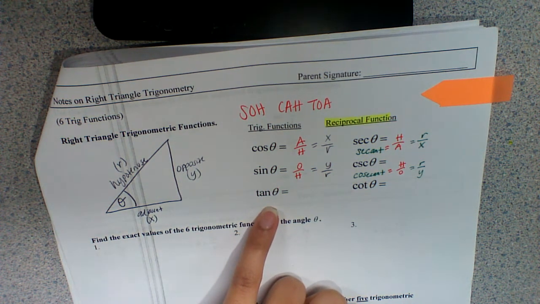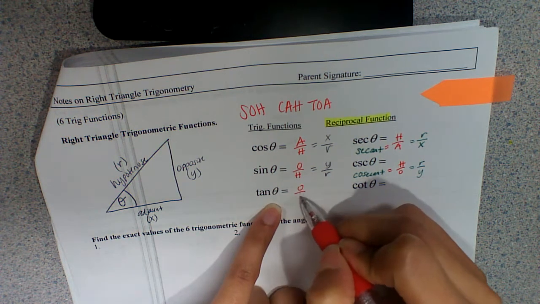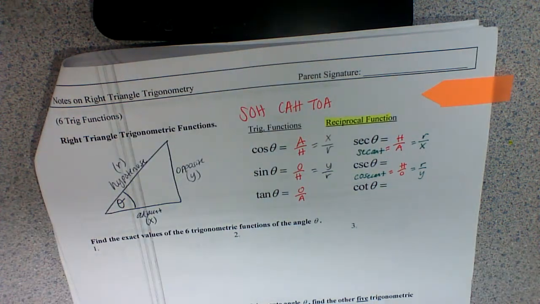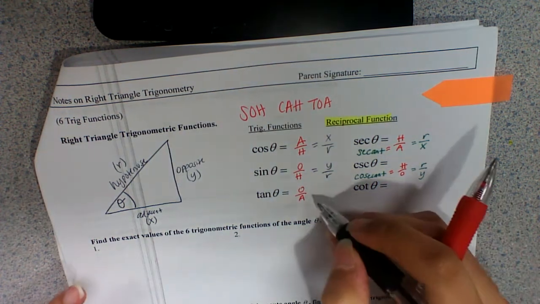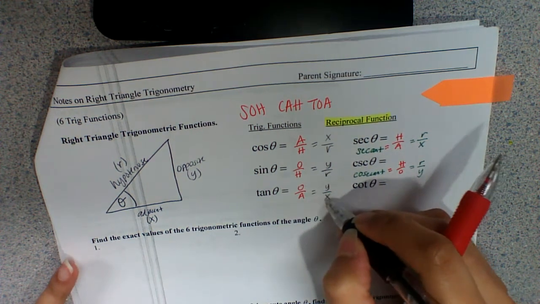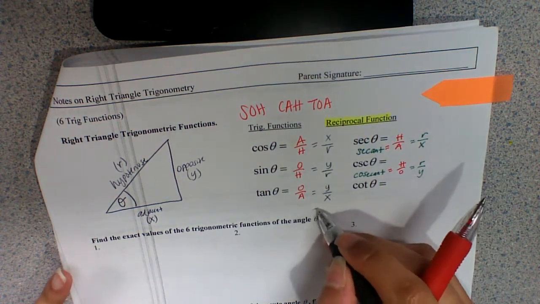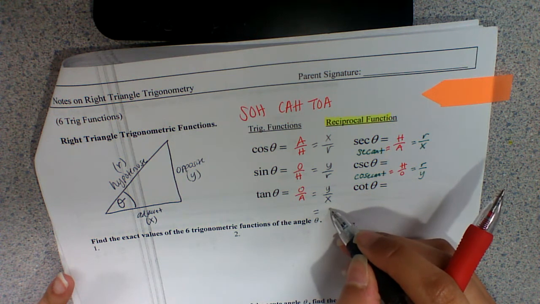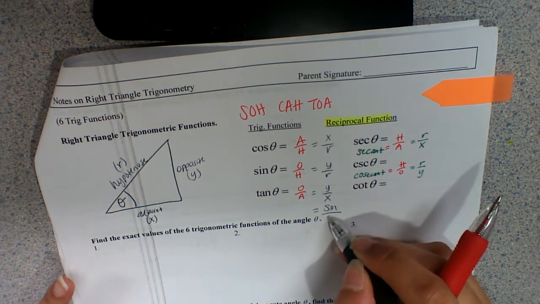Okay, and the next one, tangent, is opposite over adjacent according to SOHCAHTOA, which in this case is y over x, which we typically also write as sine over cos.